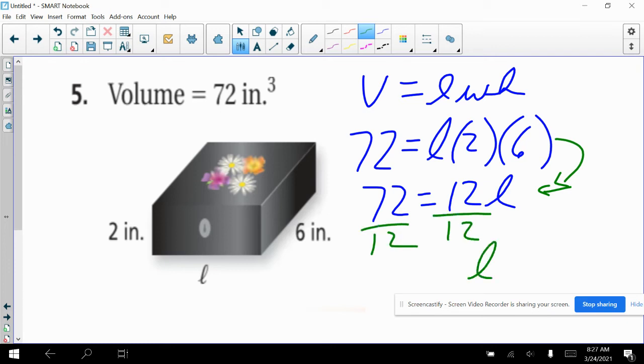What's the length of our box here? 6 inches. Don't forget the label. We're going to talk about labeling here in a minute. 6 inches. Do you need the label? Yes, you need the label.